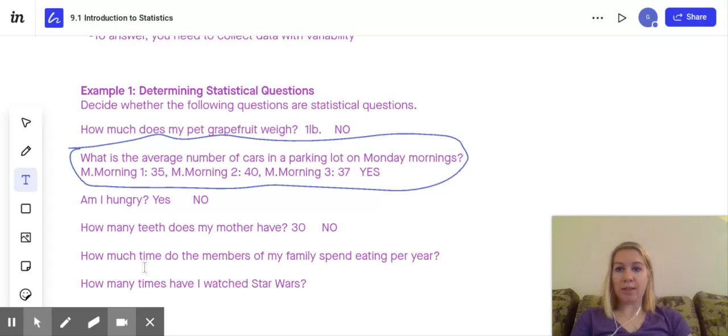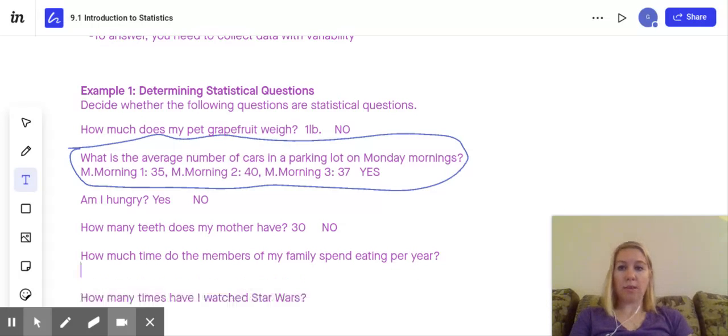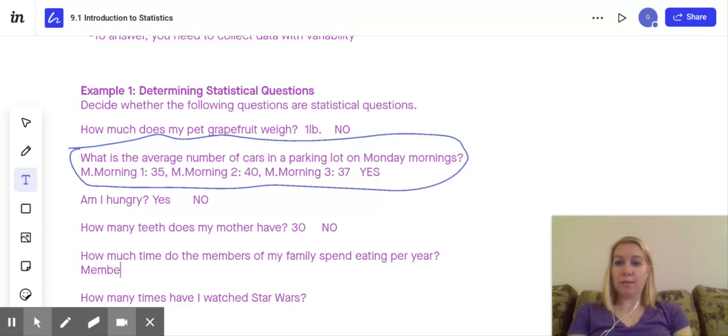All right, let's look at this next one here. It says, how much time do the members of my family spend eating per year? Okay, well, to do that, I would need to ask my husband, my son, my mom, my dad, any family member that I would feel appropriate for this. So let's say family member A spends 321 hours.